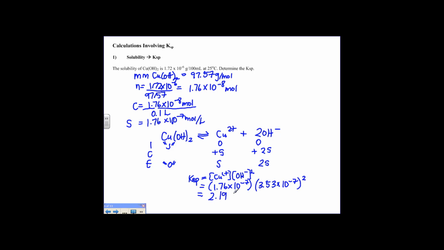So what we have here is 2.19 times 10 to the negative 20. It's a very small KSP value, but it's what we would expect if you look at the solubility. This is a tiny amount of copper hydroxide that can dissolve into this solution. So it makes sense that we have a very small KSP value.